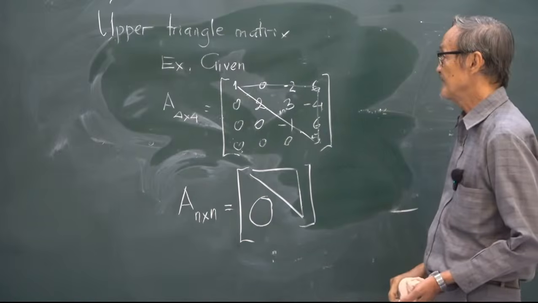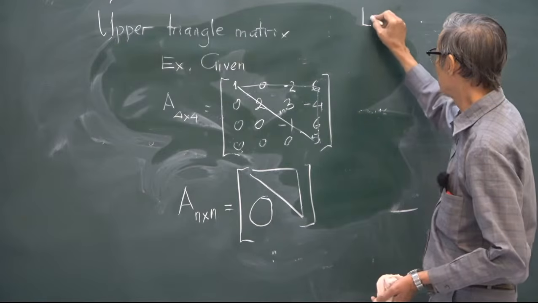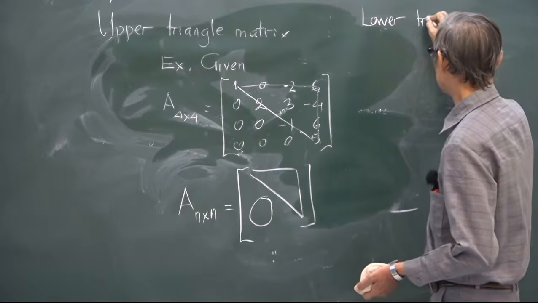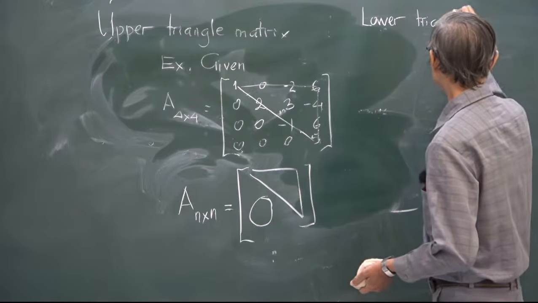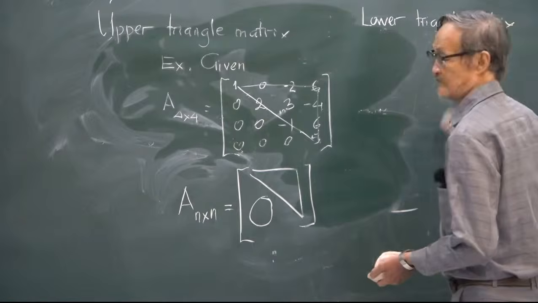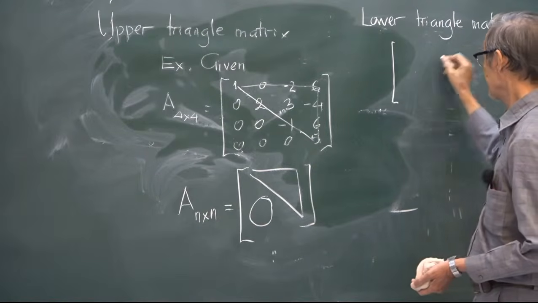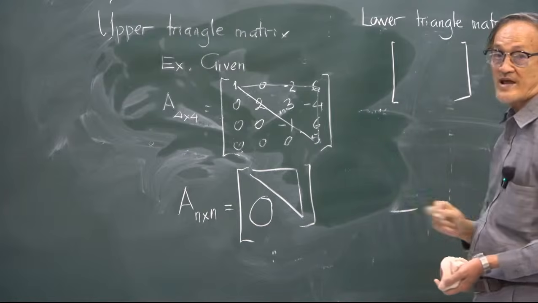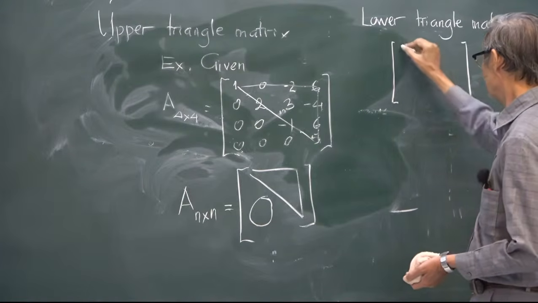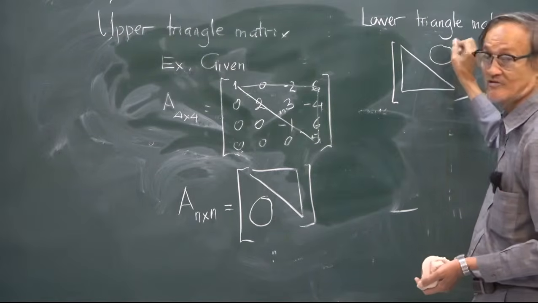Okay? And similarly, we have lower triangle matrix. First, this is also a square matrix, and above the main diagonal are zeros.